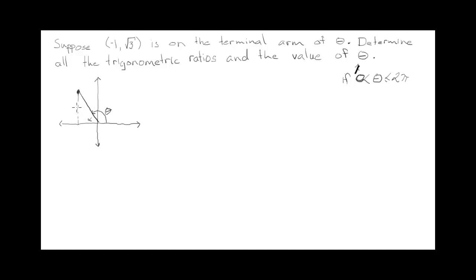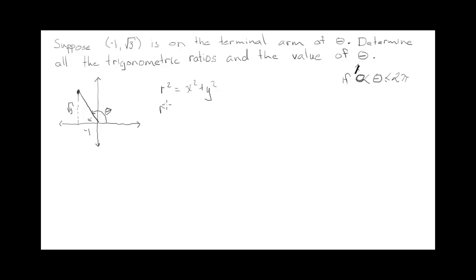The sides of this triangle: y is root 3, x is -1, and r you have to figure out using the Pythagorean theorem.